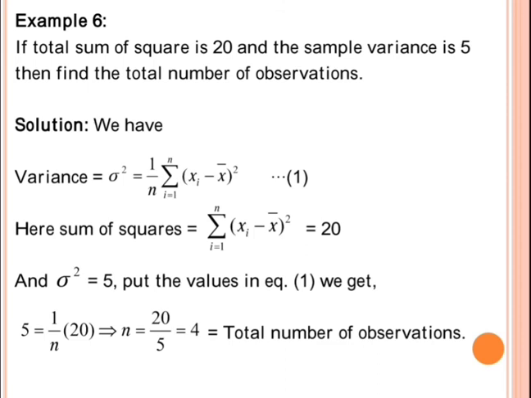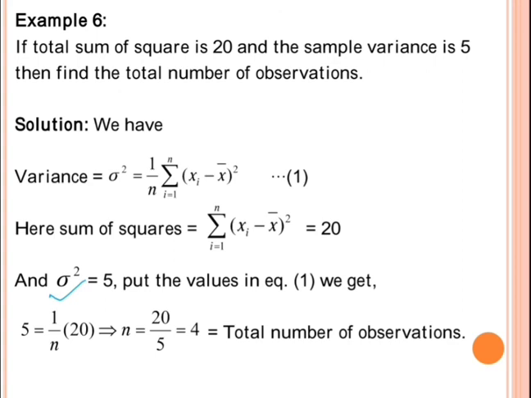The sum of squares, that is the sum of (xi minus x bar) whole square, is 20, and the sample variance is 5, that is sigma square equal to 5. What you have to find is the total number of observations.